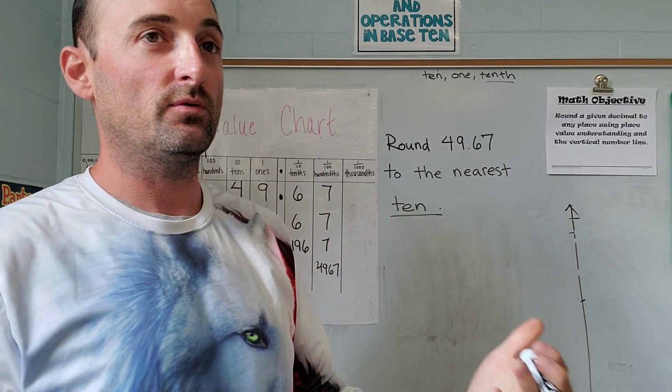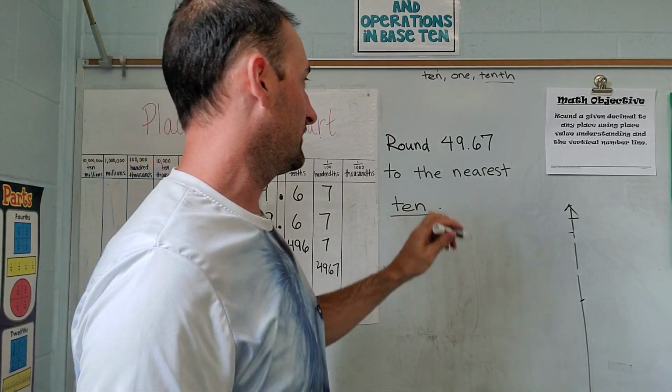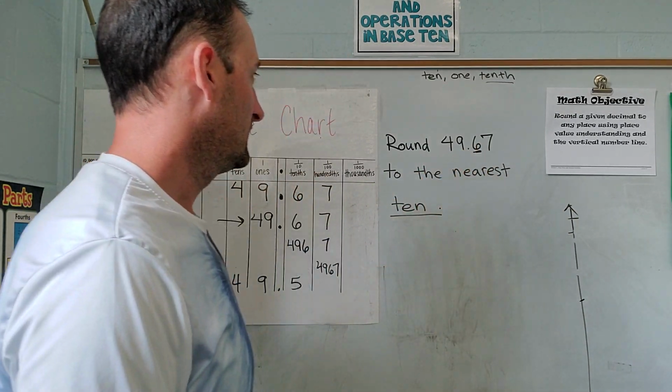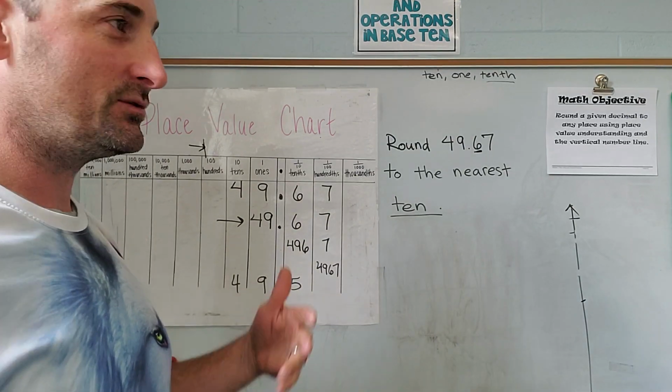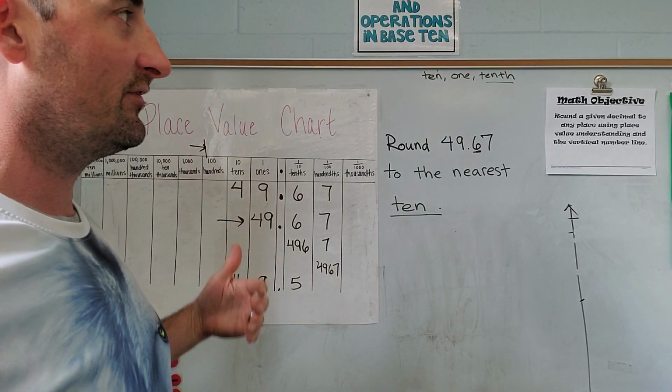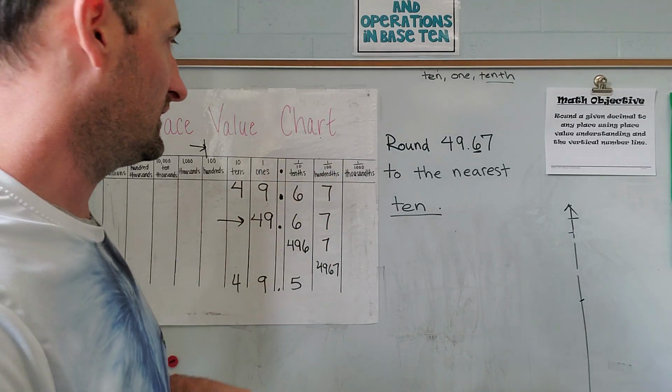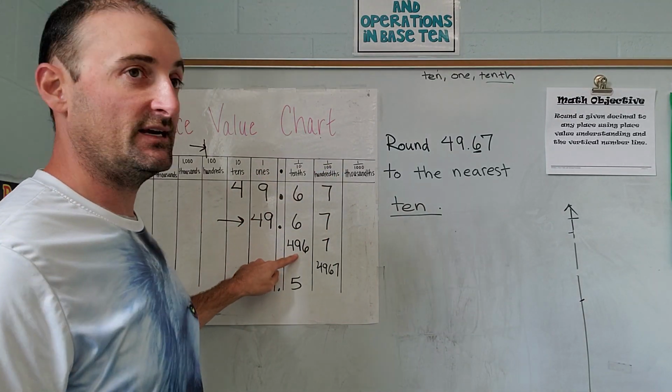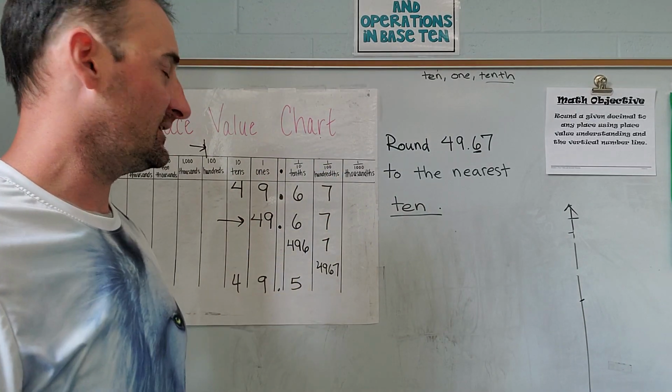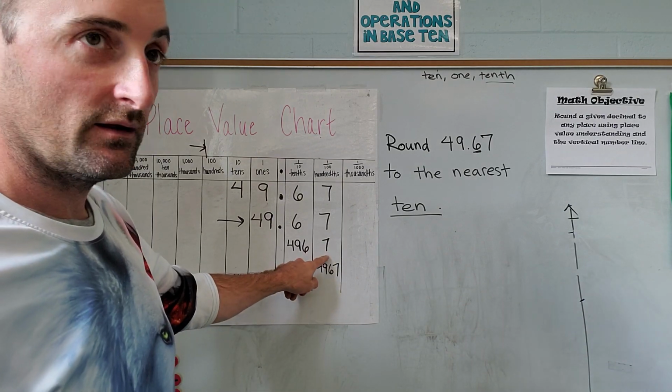All right, so we first want to identify where's the tenths? Right here, 6. All right, then we look at our place value chart. Which one of these decompositions is going to help us identify between which two tenths it is? Well, how about our number of tenths? 496 tenths and a little extra.